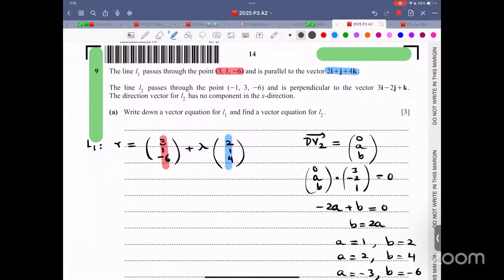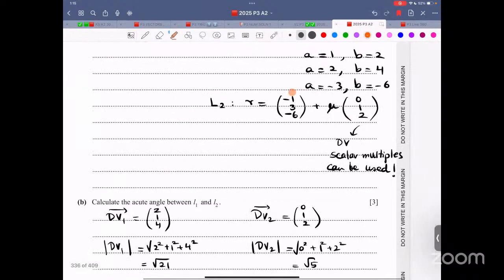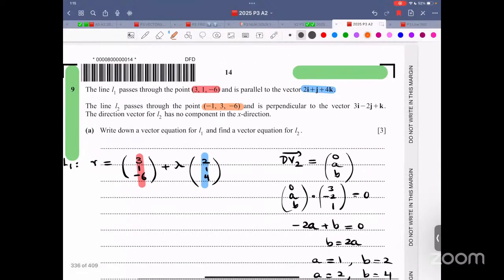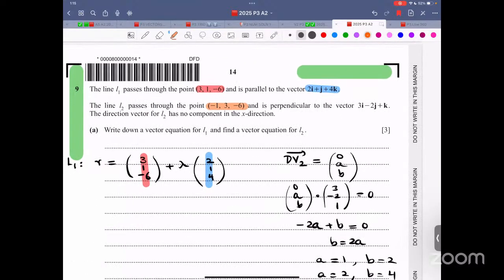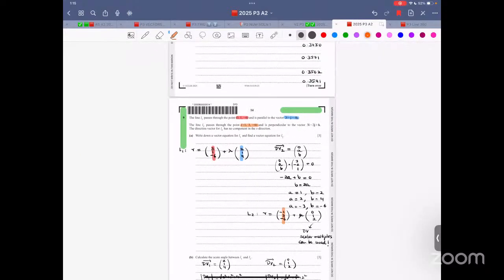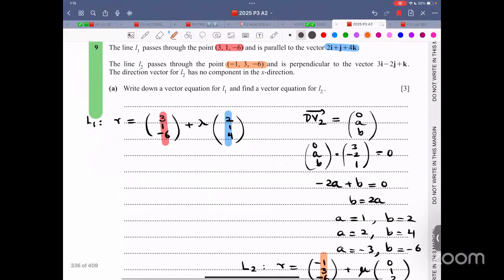Now the second part is very nice. It says the line L2 passes through the point -1, 3, and 6. That goes over here. And then it says it's perpendicular to the vector 3, -2, and 1.